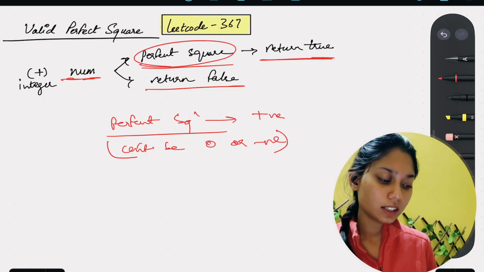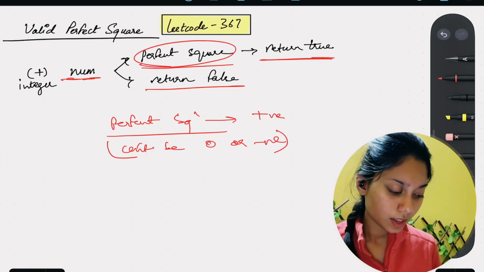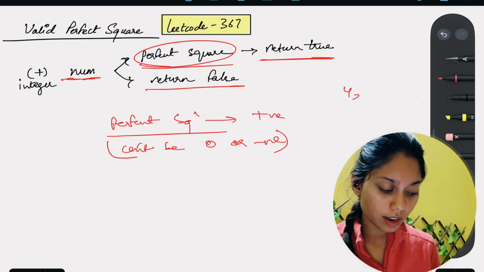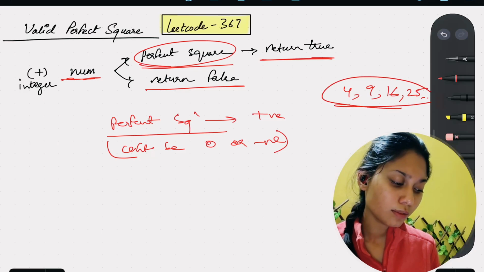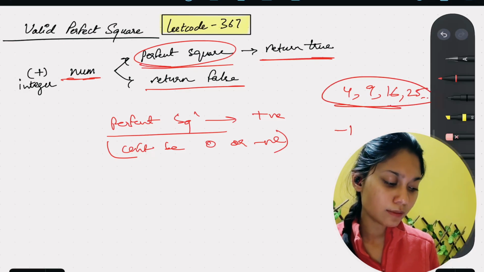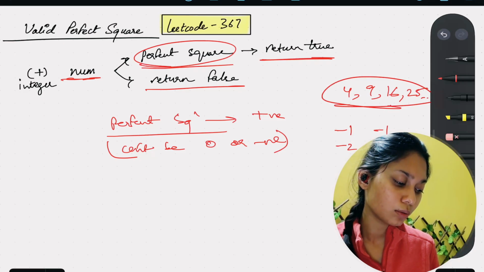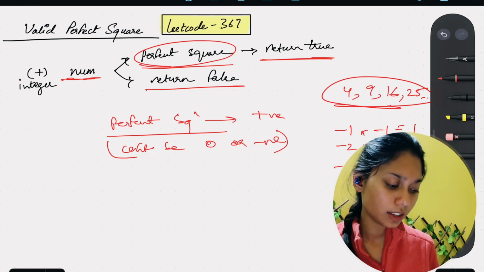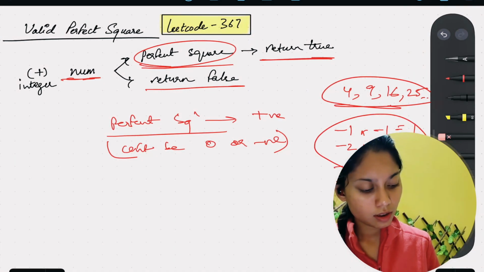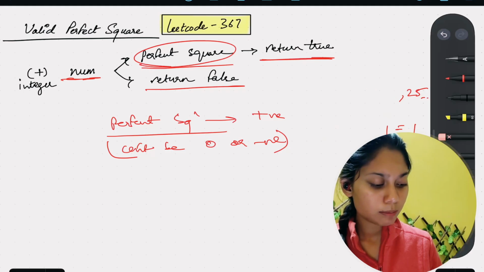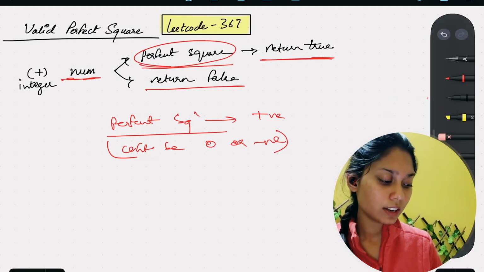Because they start from 4 and then we have 9, 16 and 25 and so on. Even for a negative n, like -2 or -3, they still give a positive number, right? Hence, the perfect square number cannot be 0 or negative.